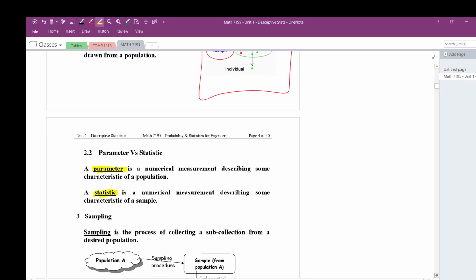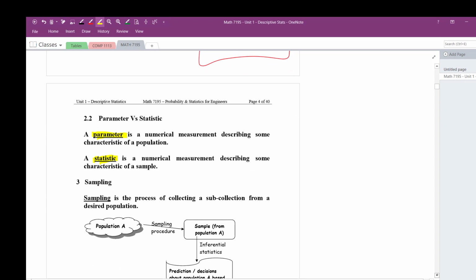So we'll have to make sure we use the correct notation as we go along. For example, when we're talking about the mean of a population, we'll use the Greek letter mu. And when we're talking about a sample mean, we'll use a typical alphabetic letter with a bar over it: x bar for the sample mean, or mu for the mean of a population.